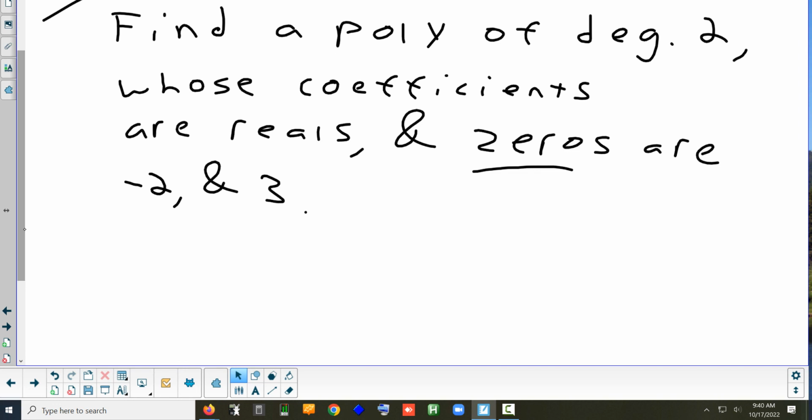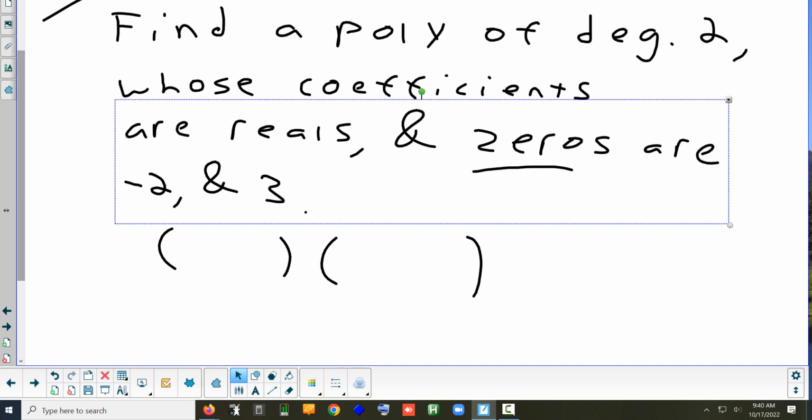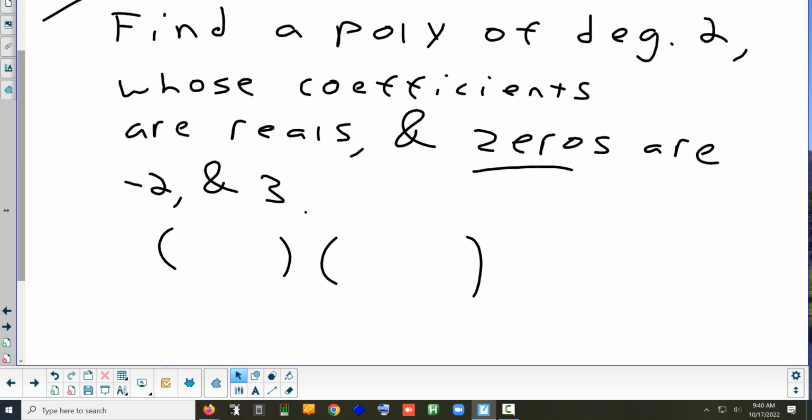When you write a parabola, how many sets of parentheses does it have when you factor it? 2. It always has as many as the degree. If it was a degree 3, we would need 3 sets. Degree 2 is going to have 2 sets. If -2 is one of my roots, what would be the factor that it came from?